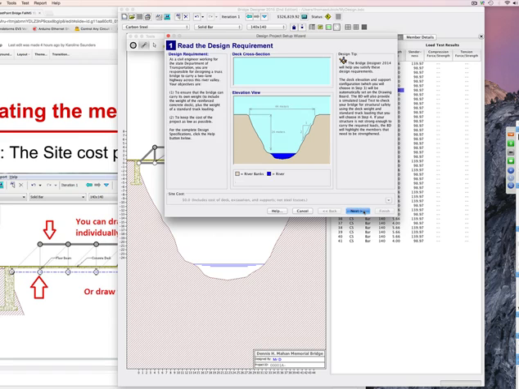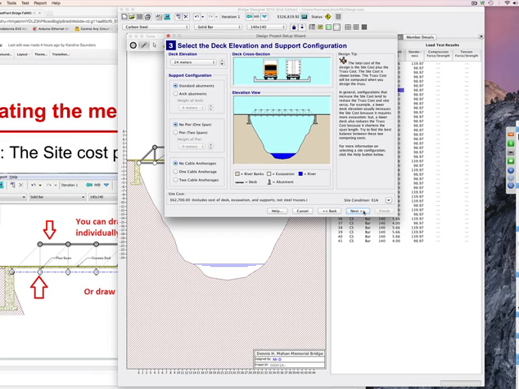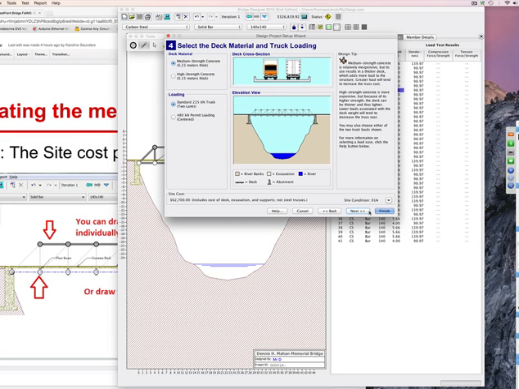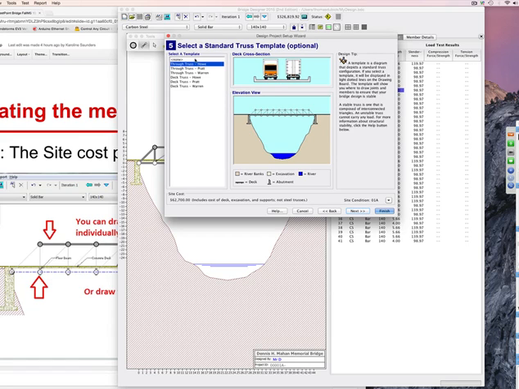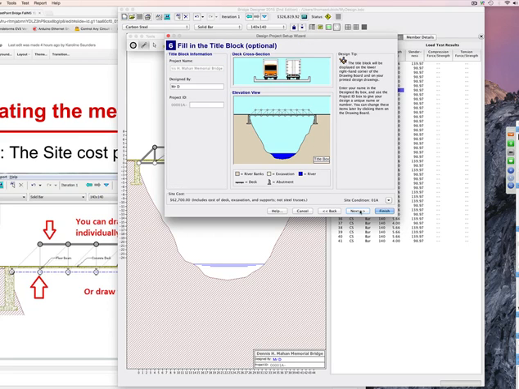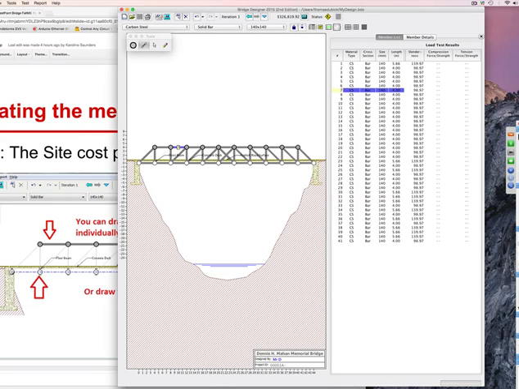So I just hit next, next, next, and then I'm going to hit finish, next. Select Howe Truss. Sorry. Next. Put your name in there and click finish. Did that help?